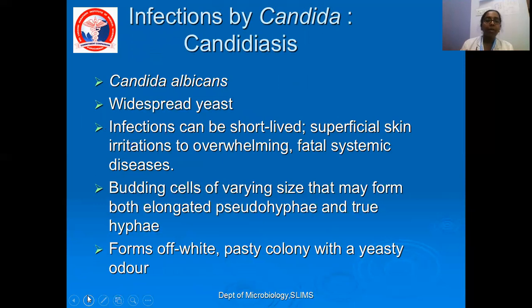Candida albicans usually infects the superficial skin where there are pre-existing lesions. There can be budding cells of various sizes. It forms a white pasty colony on colony morphology.